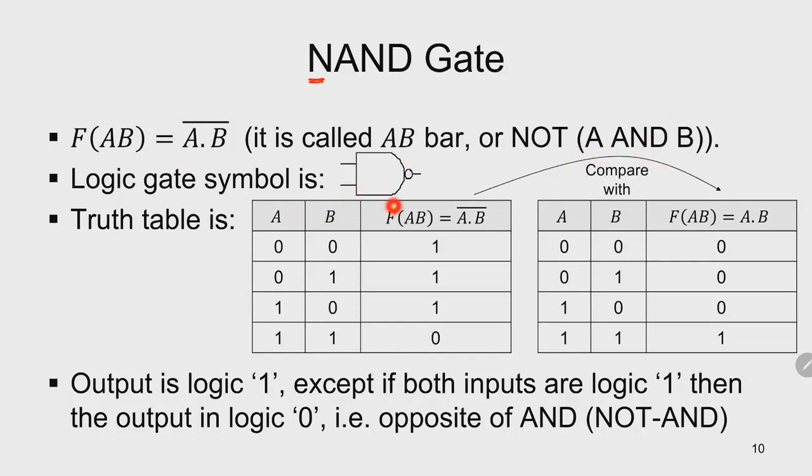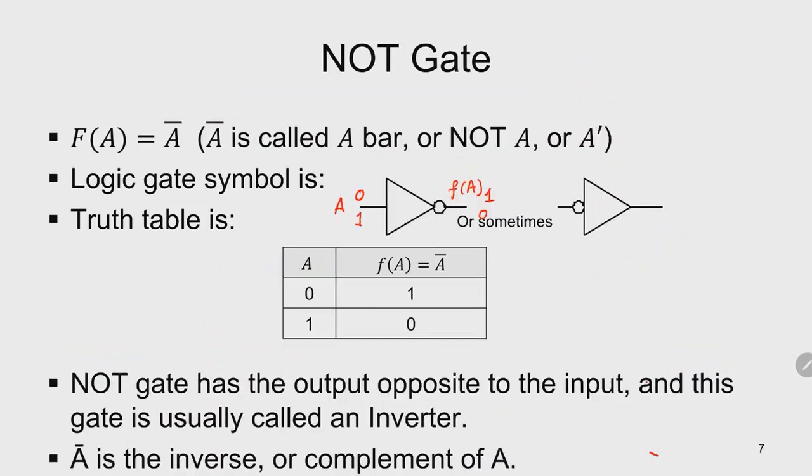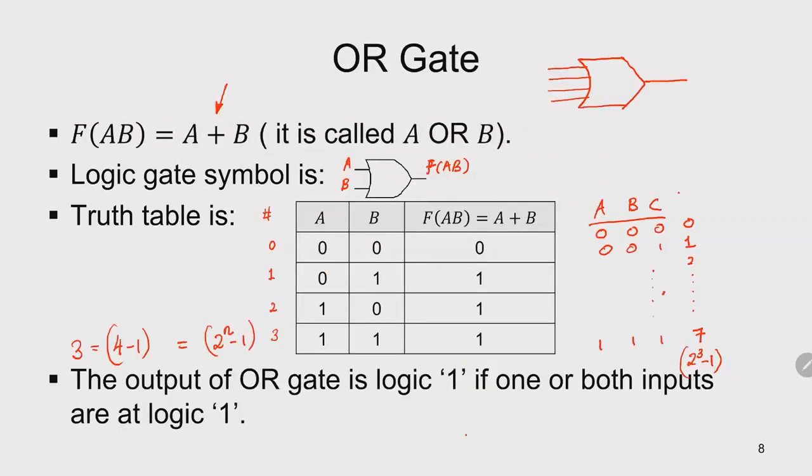The symbol of our NAND gate is our AND gate with a bubble at the front. As we saw earlier in a NOT gate, the bubble tells us that it is the inverse of the input, or inverse of the logic.